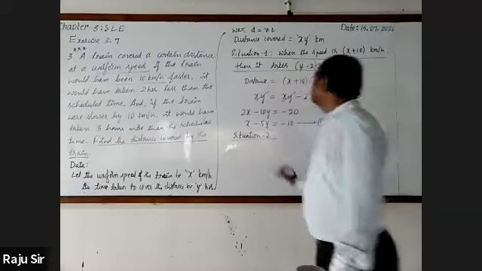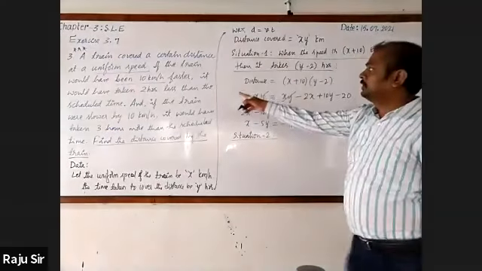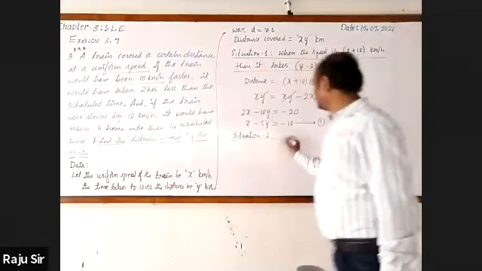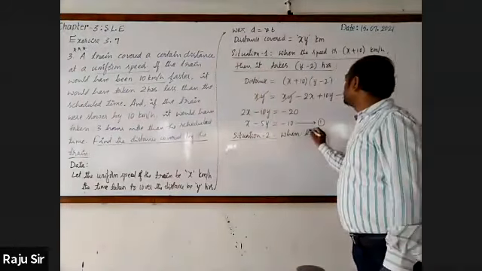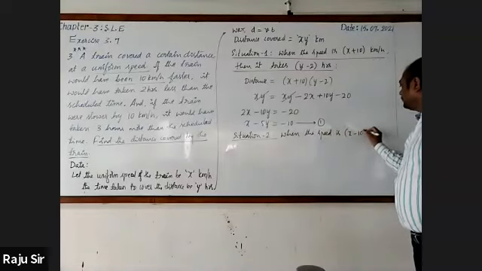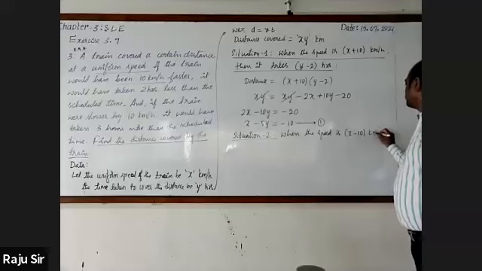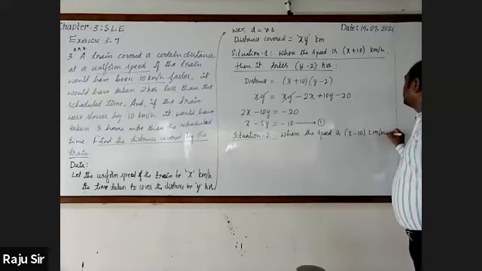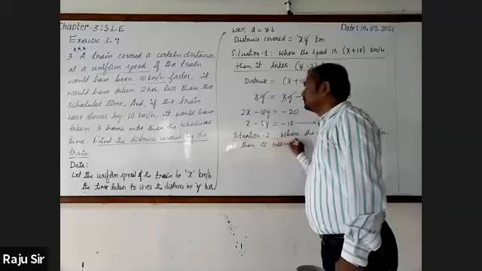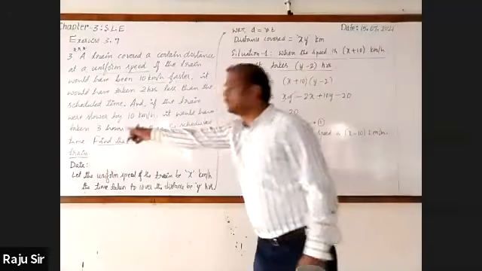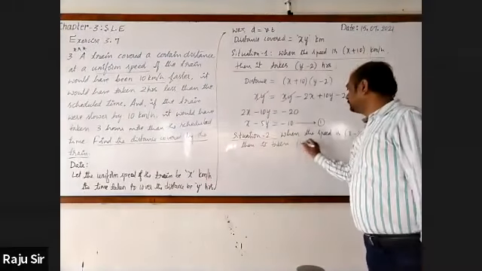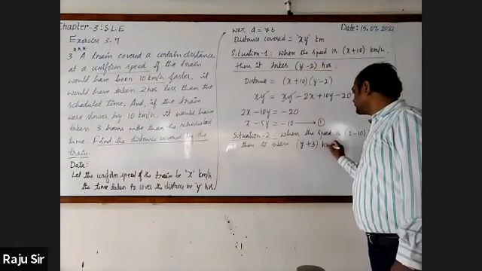Let's go for taking the second situation. Situation 2. Here, if the train was slower by 10 kilometer per hour, so I'll write it as, when the speed is x minus 10 kilometer per hour, then it takes 3 hours more than the scheduled time. Scheduled time is y hours, 3 hours more, it will be y plus 3 hours.